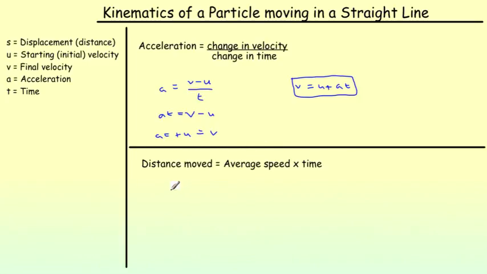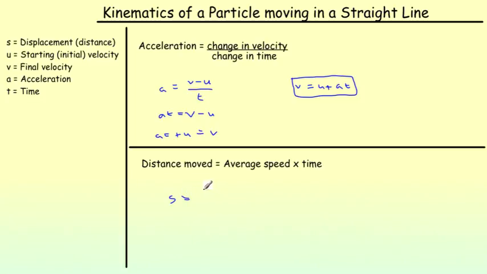Now, as I'm sure you already know, the equation for distance, speed, time is given by the distance is equal to the speed multiplied by time. So our distance moved is equal to our average speed multiplied by our time. So distance moved, in our case, we've called that displacement, and we know that's going to be equal to the average speed.